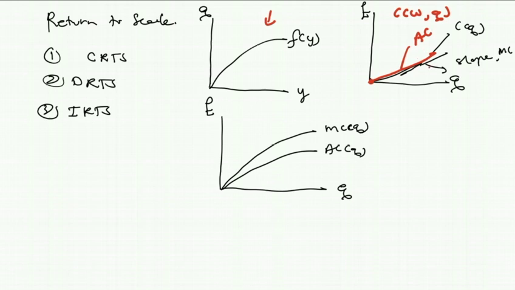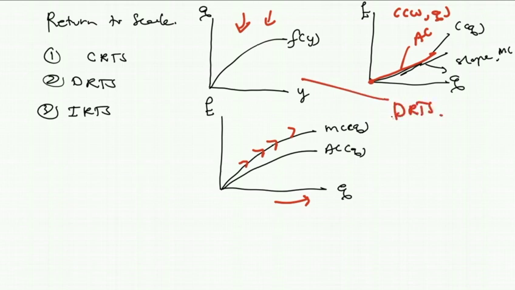Okay, convex in Q, and then we can see that the MC is increasing as we increase the output, as we increase the Q. So MC is increasing in Q. So in this case, the concave production function in the first graph here leads to the cost function, which is convex.